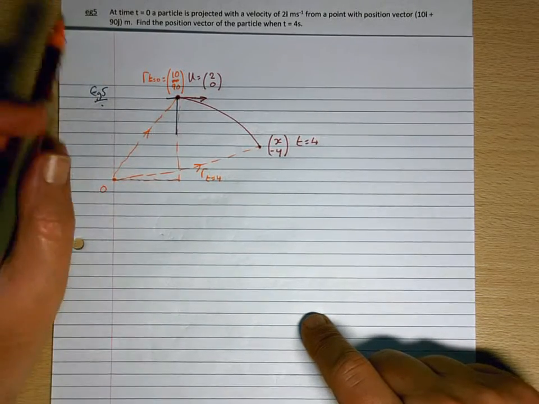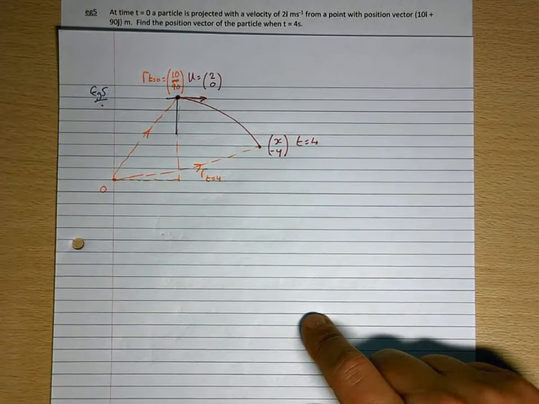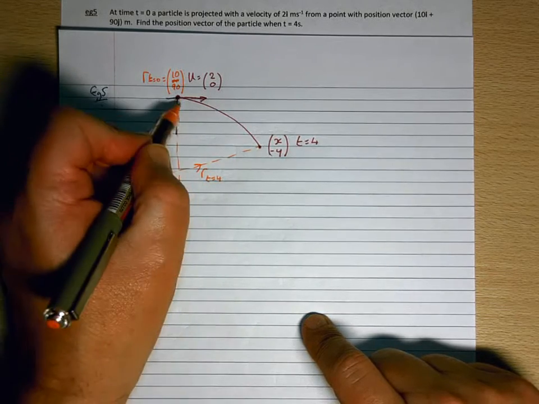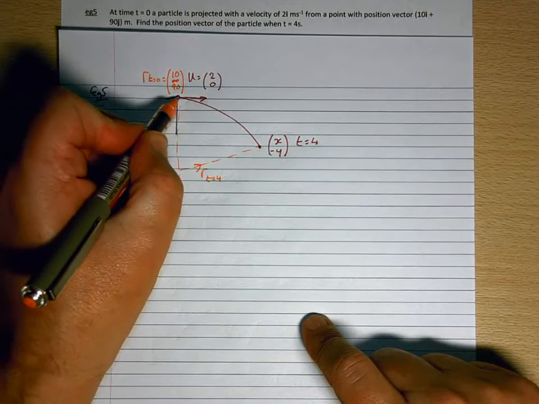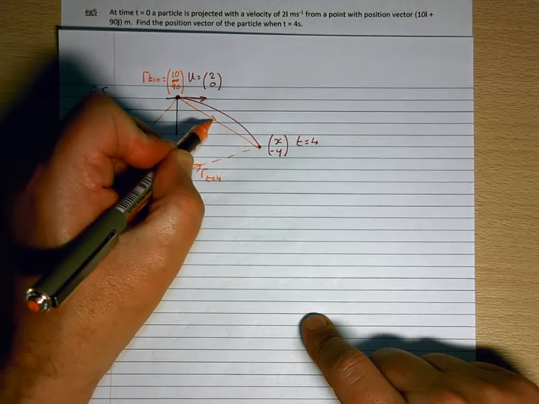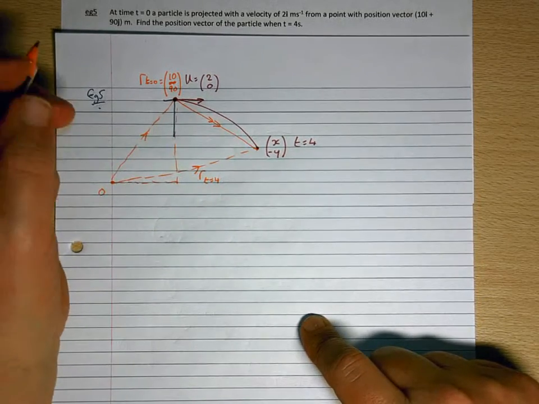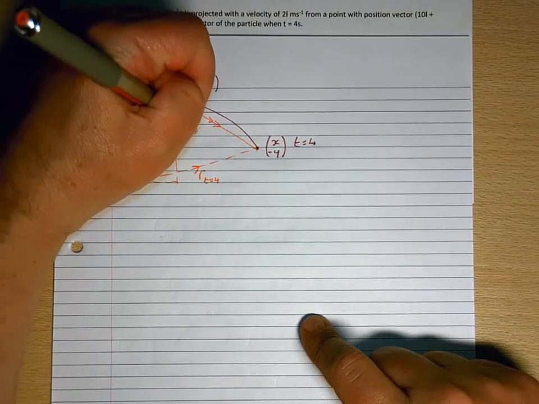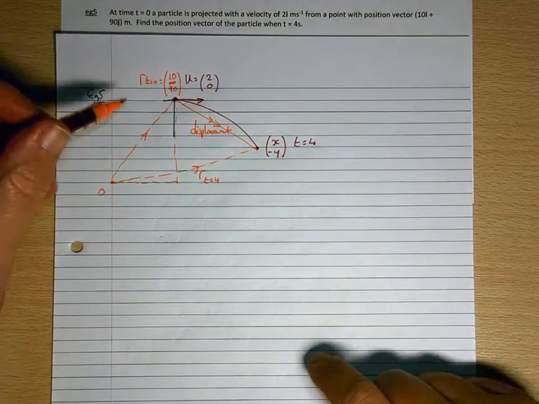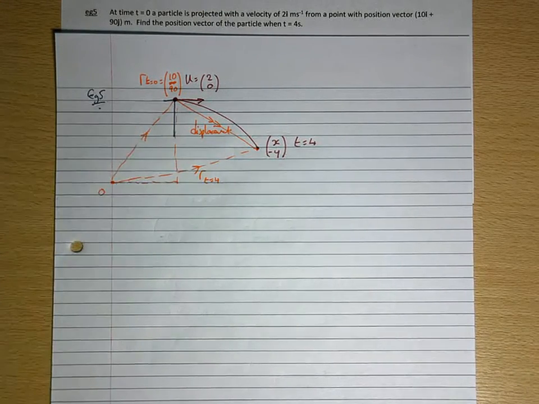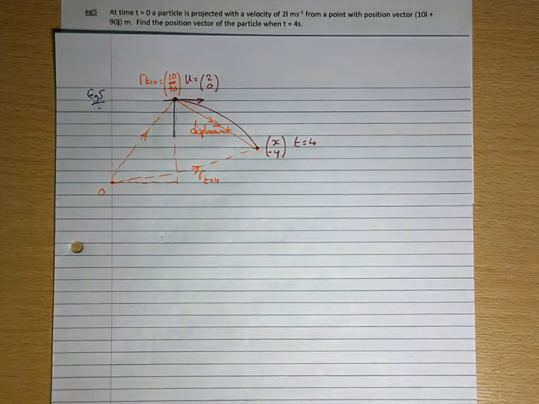Now the calculation that we're going to do using s equals ut and so on gives us the displacement from the point of projection to where it is 4 seconds later. So this here is what the calculation is going to perform, the displacement. That's the movement between t equals 0 and t equals 4.